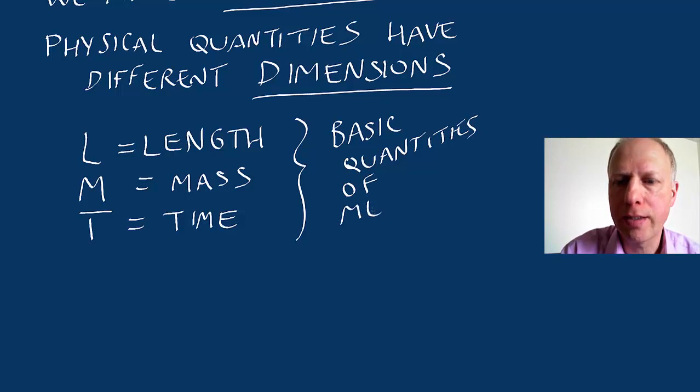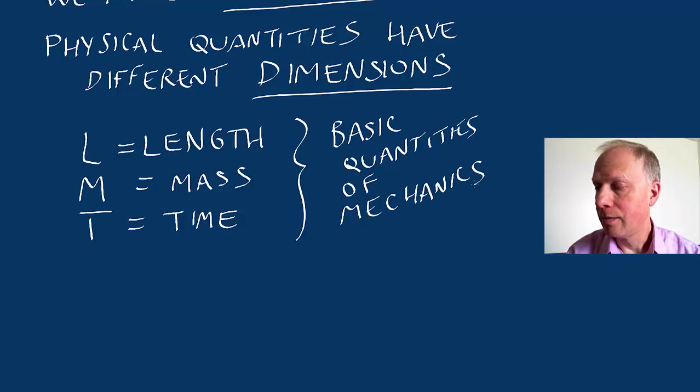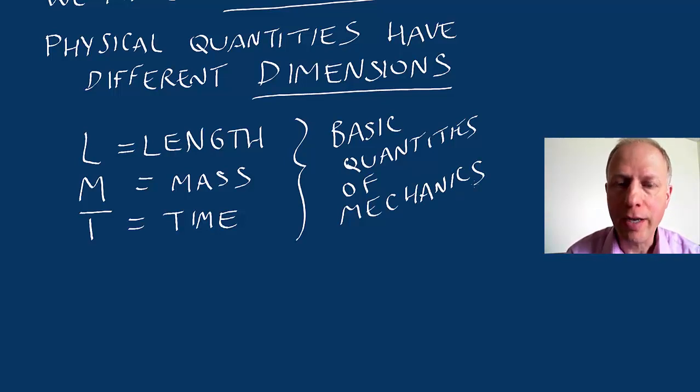Basic quantities of mechanics, and other things like speed are derived quantities, because you can make speed out of length and time. Length divided by time is a speed. There are other kinds of quantities like temperature and electrical current that you can't make out of length, mass, and time, but we won't be needing them for the first many chapters of our book. So I'm not going to consider them right now.